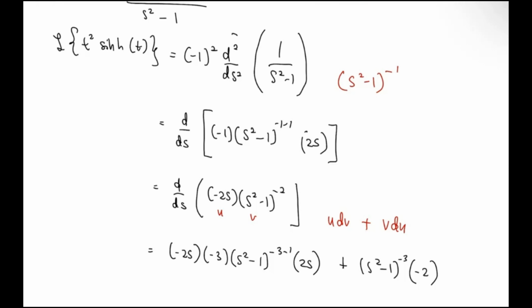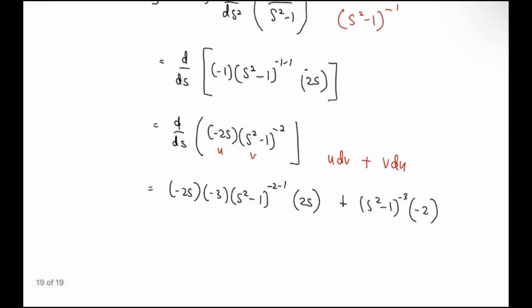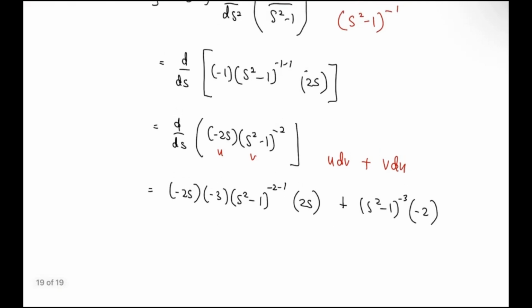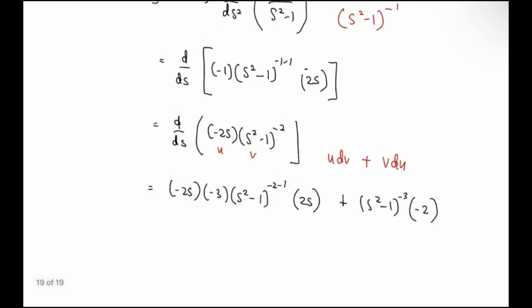So minus 2 here, minus 2 minus 1. Minus 1. Okay. Anything you can spot? Any wrong? Okay, here, minus 2, right? Okay, I think this is correct. Okay, let's continue.